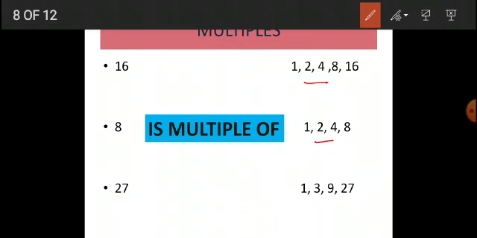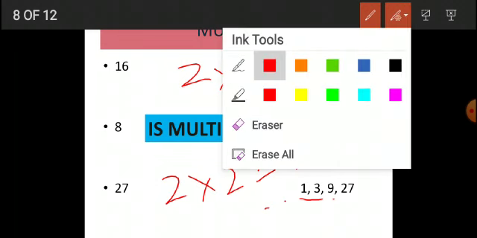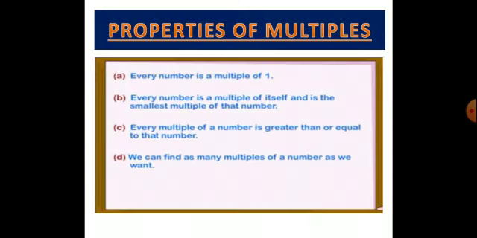Multiples of 2 can be obtained by multiplying 2 by any other number, like 2 multiplied by 1 equals 2, 2 multiplied by 2 equals 4, and so on. So here comes the property number 4. We can find as many multiples of a number as we want.